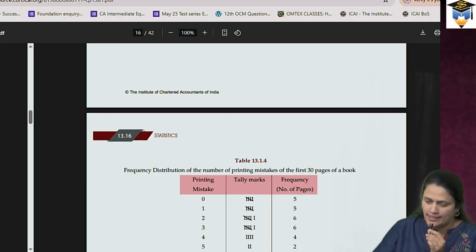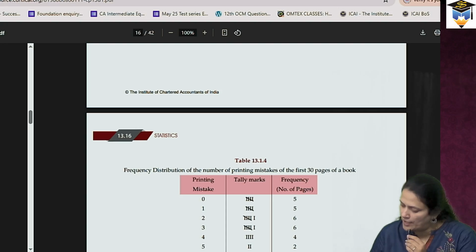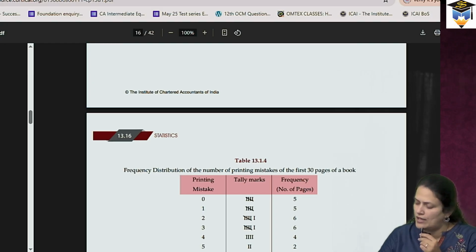Applications of bell-shaped curves: calculating probabilities, predicting outcomes, quality control, identifying patterns of data. These are the applications of bell-shaped curve.